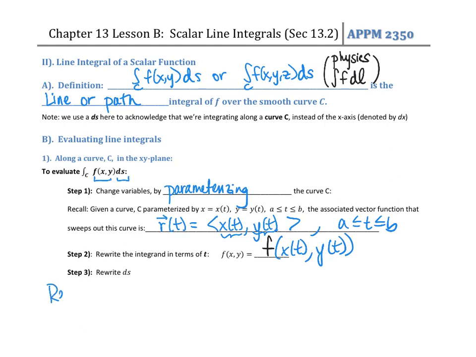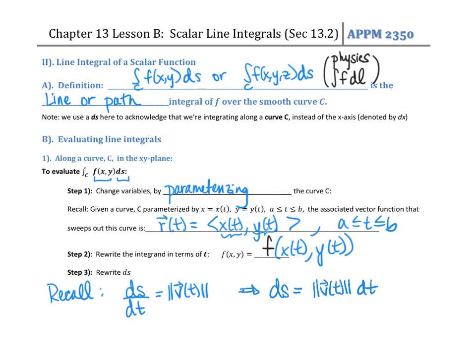And a nice thing to recall, and we proved this when we were doing arc length back in chapter 10, is that ds/dt is actually just going to be the speed of your parameterization, which means that ds can be written as the speed dt.